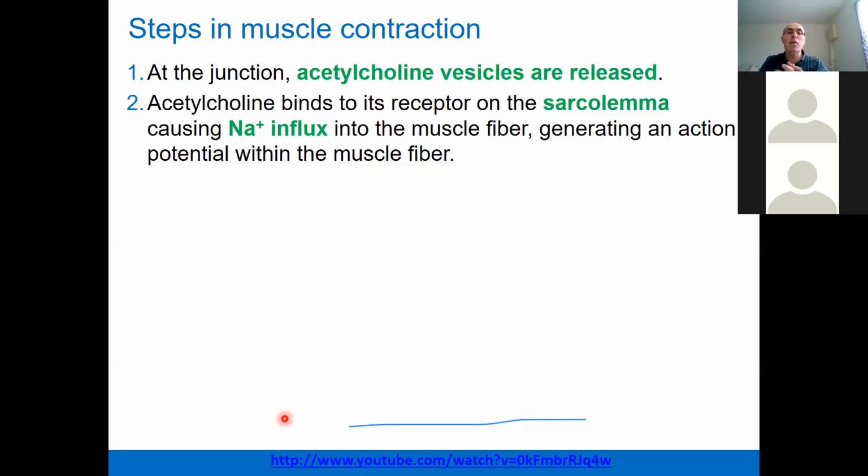Acetylcholine binds to the receptors of the sarcolemma, the membrane of the muscle fiber, causing sodium influx into the muscle fiber. If you remember the action potential of the nerve, a similar action potential happens in our muscle cells.